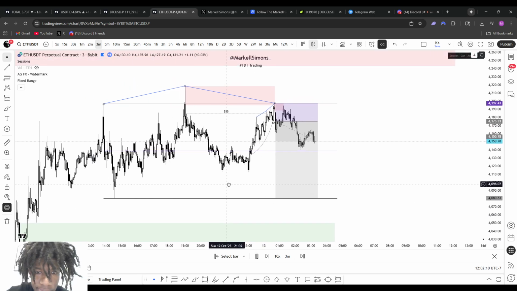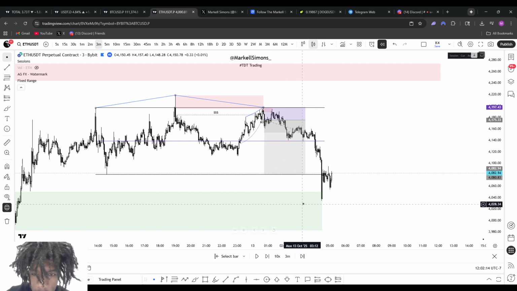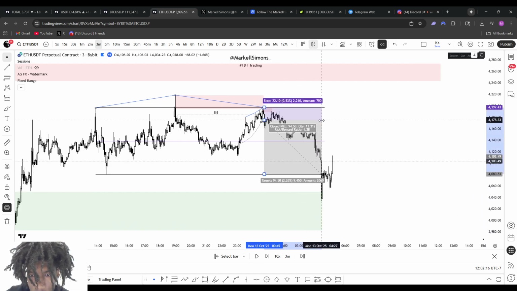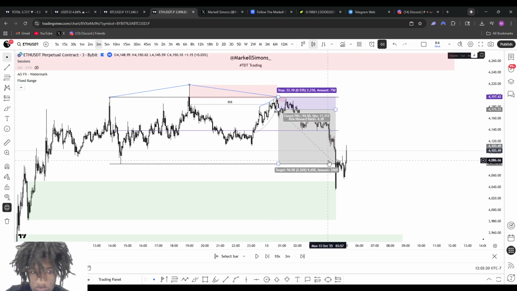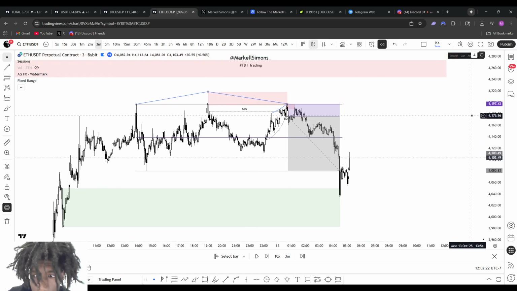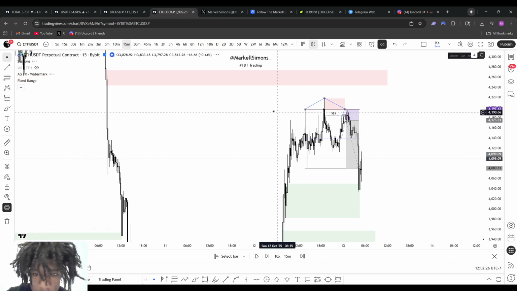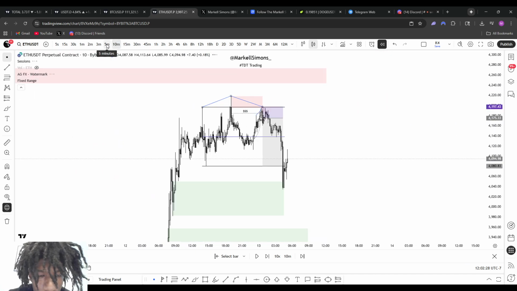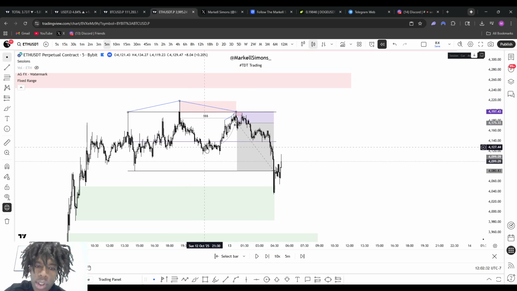And as y'all can see, there you go. TP hit, made 4% in less than 3 hours and 42 minutes. These setups appear every single week. All you have to do is understand how to find them, execute with precision, right? And manage your risk, and you can easily be profitable.